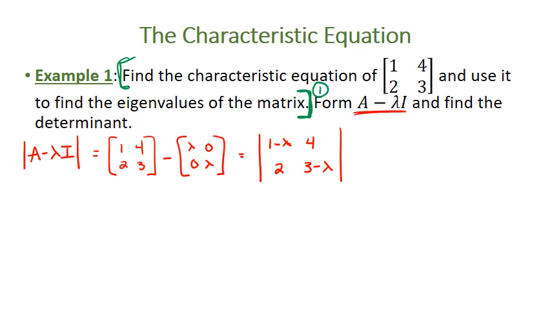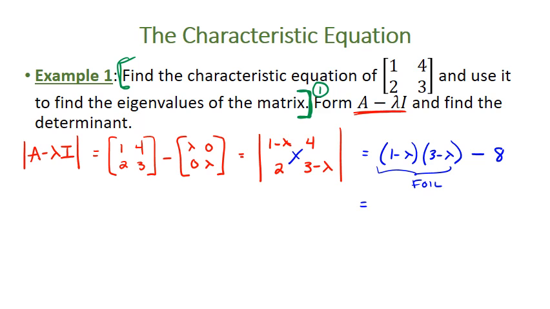To find the determinant of this, I will multiply these two values and subtract the product of these. Okay, well, now I can leave it like this, but it's not ideal. So instead, what I want to do is FOIL this out, and then subtract the 8.